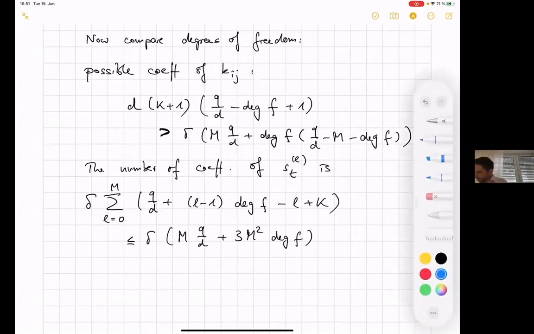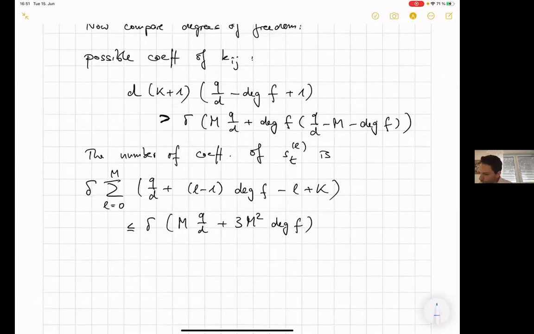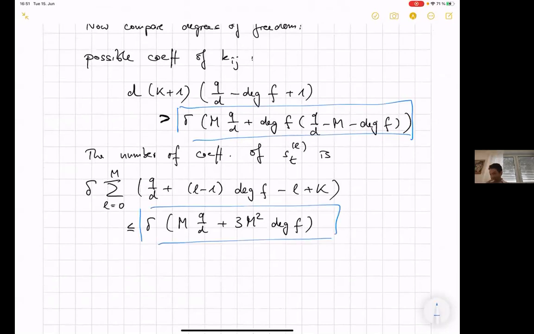All right, and now compare. We want that we have more choices, more degrees of freedom than we have conditions. And you see that the leading term is the same, so this and this coincide. And we want to make sure that this is bigger than that.